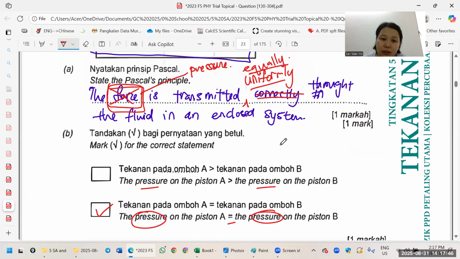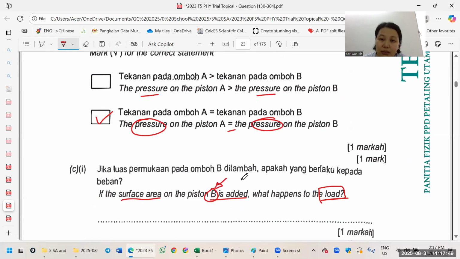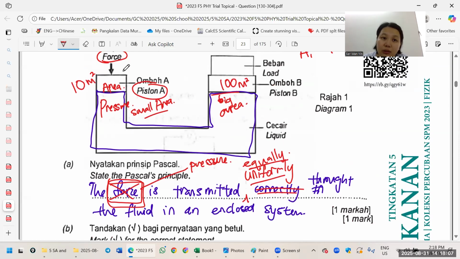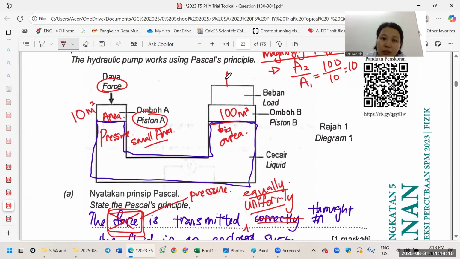So now what happens here? They ask if B is enlarged. So maybe A2 becomes 200 meters squared. So what will be the factor? 200 divided by 10, you will get 20 times magnification of the force. Just now, let's say F1 is 100 Newton, so F2 will be 1000 Newton. But now in the second case, 100 will become 2000 Newton. So what happens to the load?